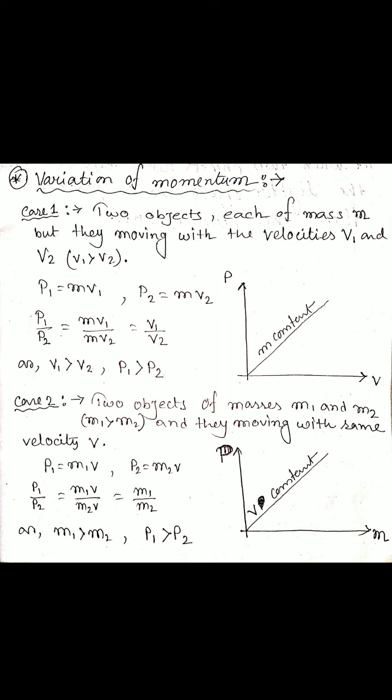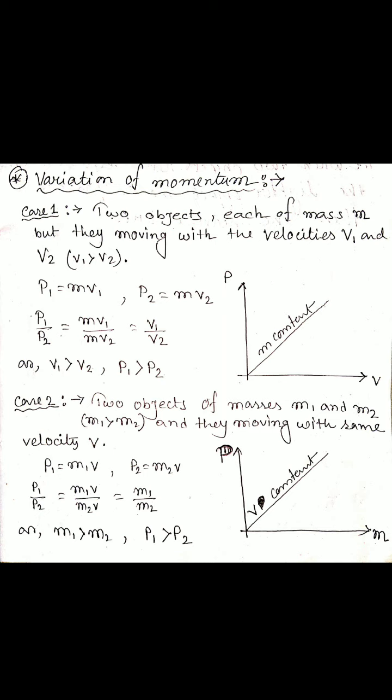Second case, two objects of mass m1 and m2, for example a heavier stone and a lighter stone. m1 is greater than m2, and they move at the same velocity v. So p1 equals m1 into v and p2 equals m2 into v. Now if we divide the two equations, p1 by p2 gives m1 by m2.